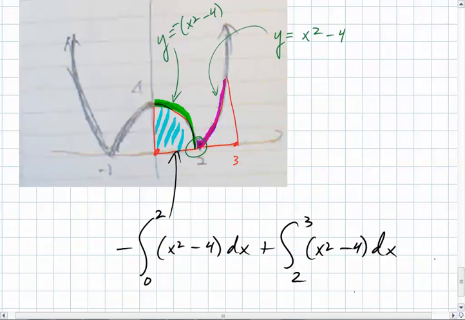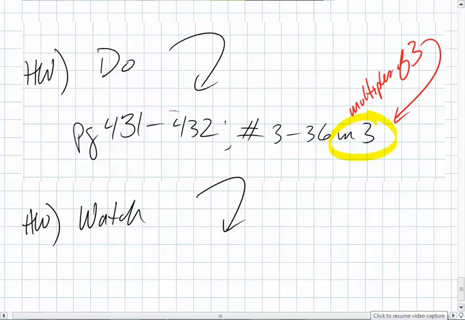You'd be taking things away. Here's the key. When you're working with absolute value integrals, draw a picture and see what it looks like. Once you see what it looks like, it should help you set up the integral. Does that kind of make sense? Okay, here we go.